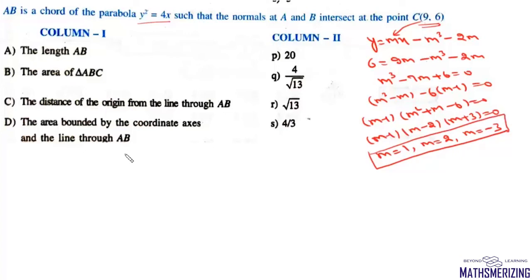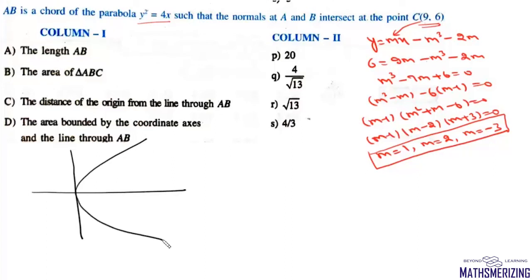So now we have this parabola which is y square equals 4ax. And then we have this point C which lies on this parabola. And then we have these foot of normals.